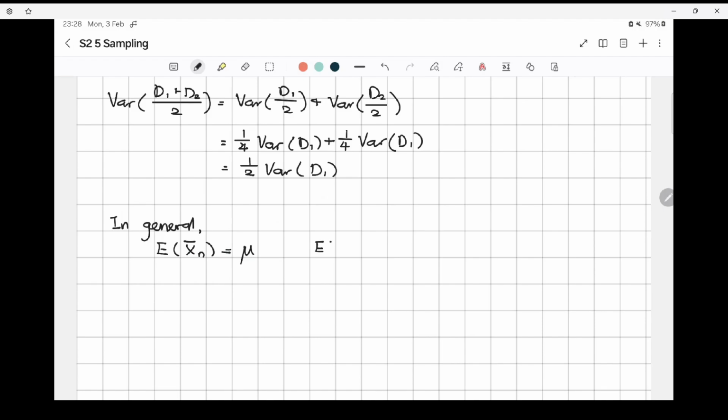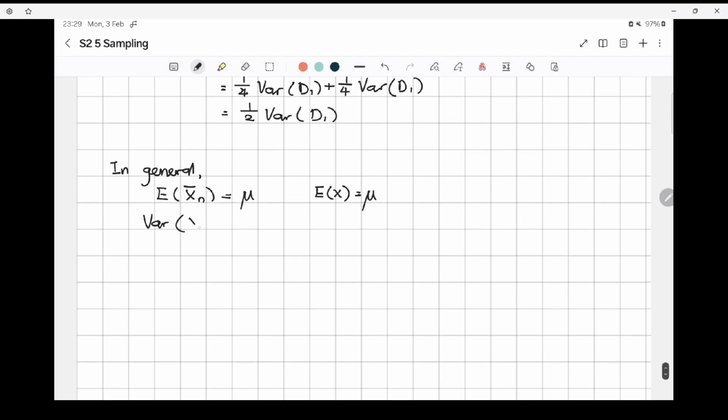So E[X] is mu in this case. If you are taking the variance of X bar n, this will be sigma squared, and of course you need to divide by n. The variance of X is sigma squared. This formula stays true no matter how many samples you average from.